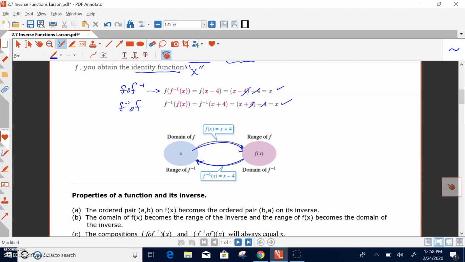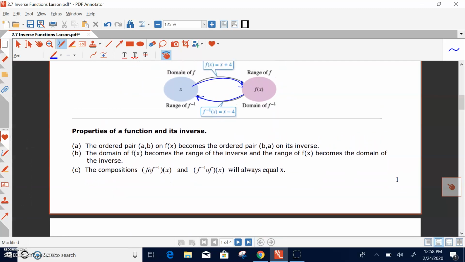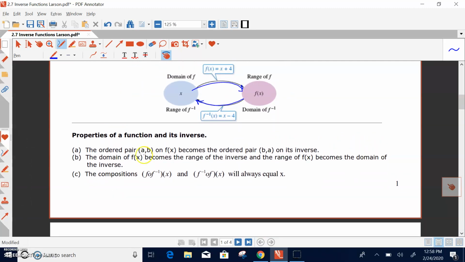So some of the properties of an inverse function are these. If you have the ordered pair AB on the function itself, it will become the ordered pair BA on the inverse. Also, the domain of the original function becomes the range of the inverse, and the range of the original function becomes the domain of the inverse.